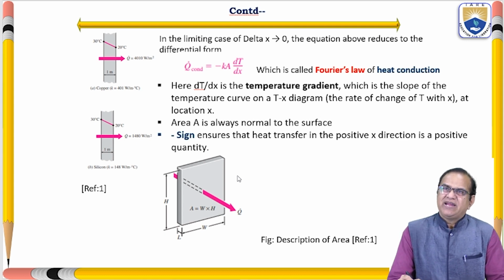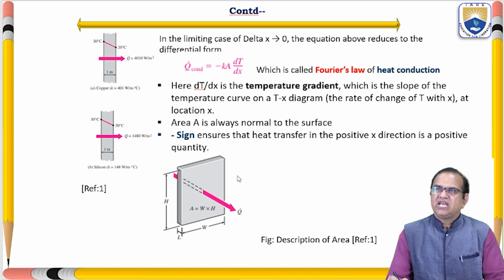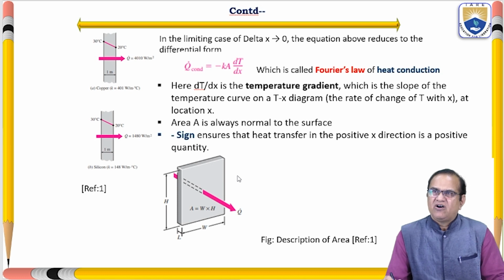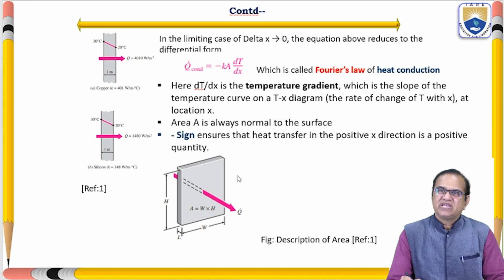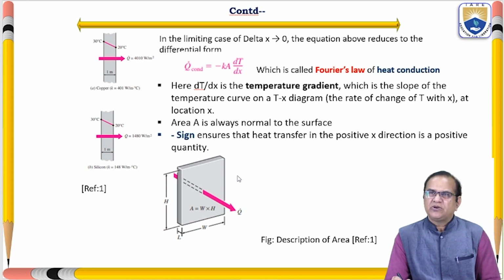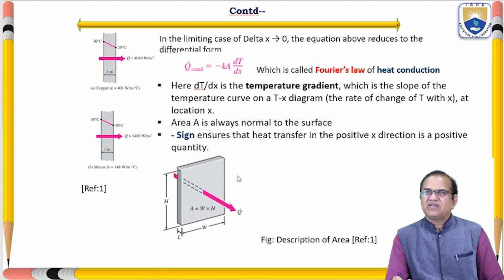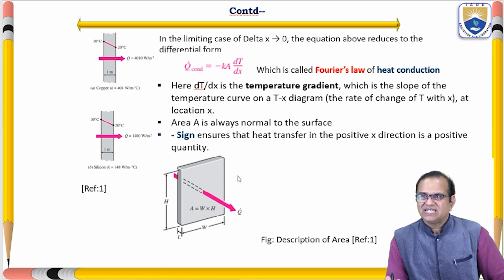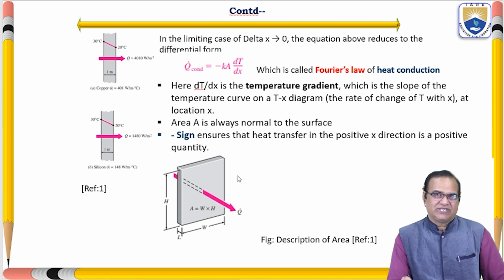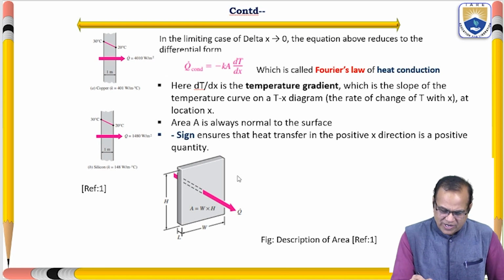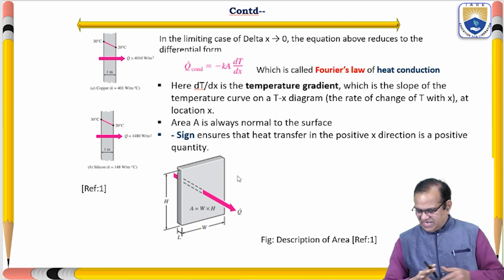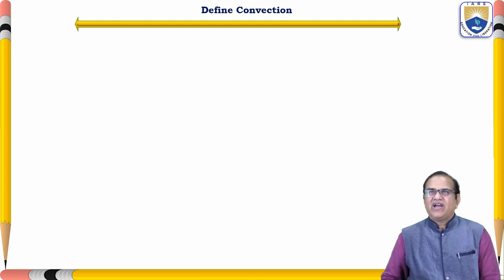Here dT by dx is the temperature gradient, which is the slope of the temperature curve on a T-x diagram, the rate of change of T with respect to x at the location x. Area A is always normal to the surface. The minus sign ensures that the heat transfer is in the positive x direction, it is a positive quantity. So you can see this in the diagram.